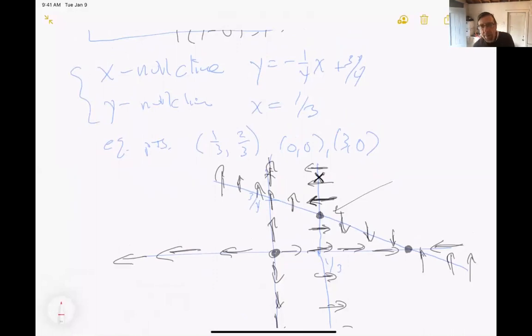Yeah, what point do they want? 1/3, 1. Yeah, it looks like it does this, doesn't it? Certainly doesn't look like it converges to 3, 0. I think you're right. Tell you what, let's check it.